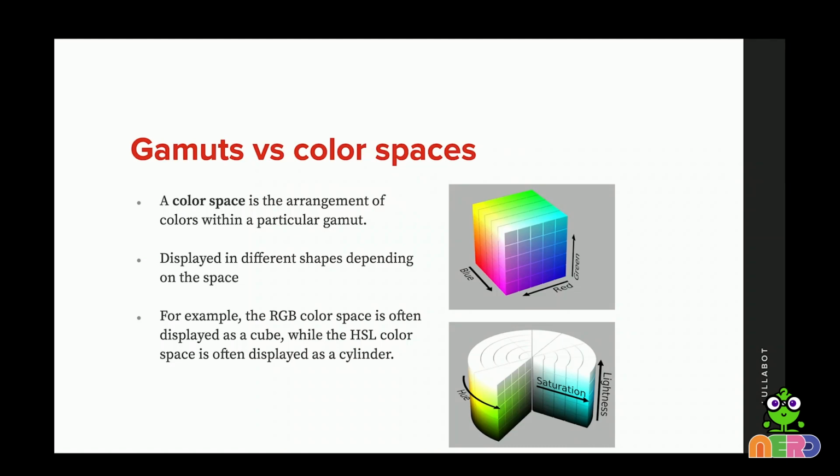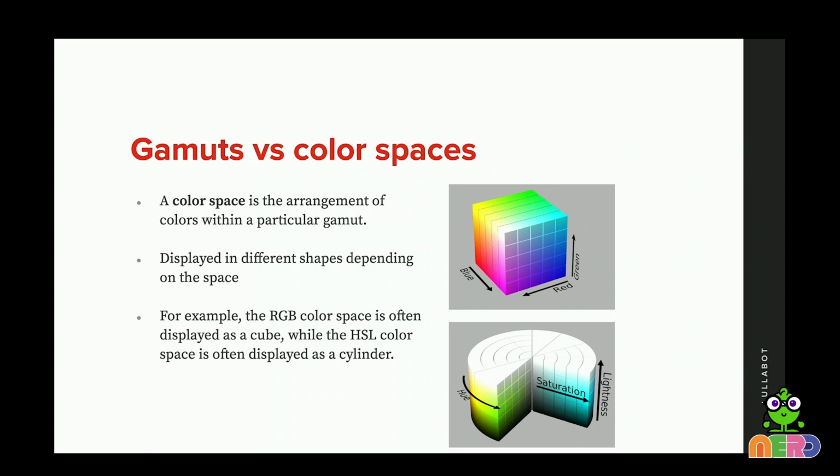lightness. And this one is usually represented as a cylinder, with the saturation being the radius from the inside out. Lightness is going up and down, so it's darker on the bottom and lighter on the top.